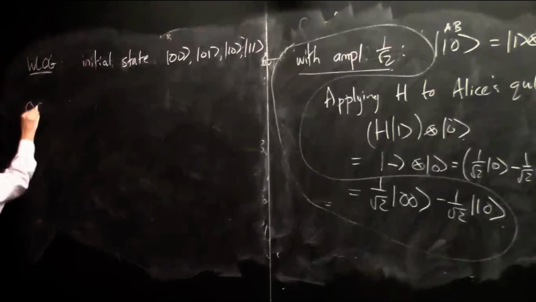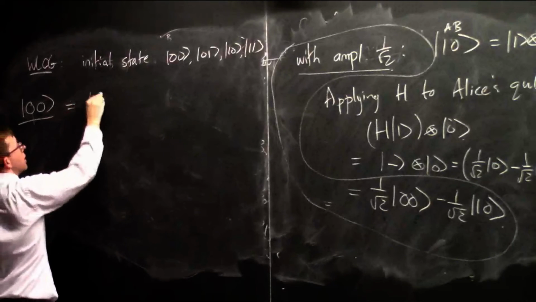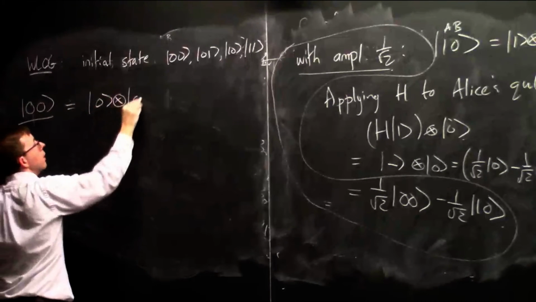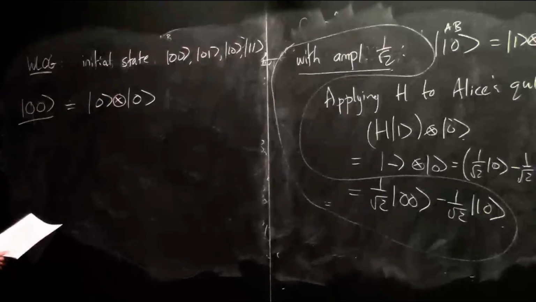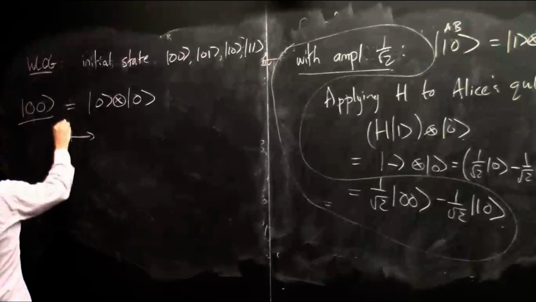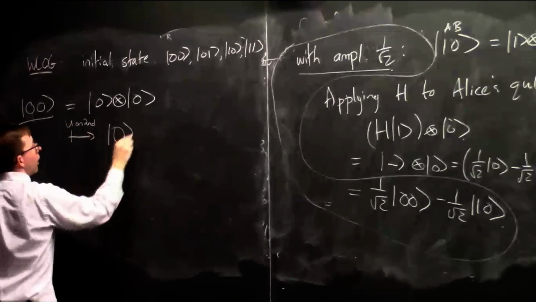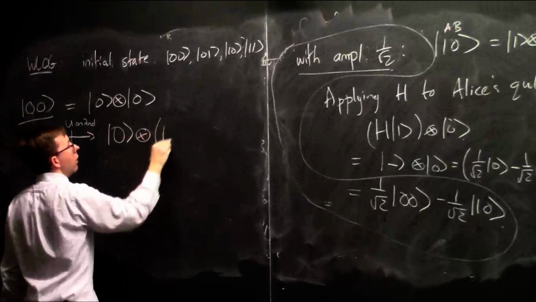So let's see what happens if you are in this state and you do the unitary U to the second qubit. Let's just do it slowly. This is the same as 0 tensor 0. And we're applying U to the second qubit. So U on the second qubit, we get 0 tensored with U0.